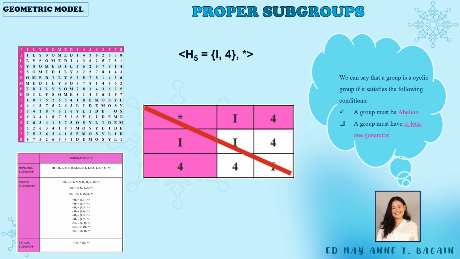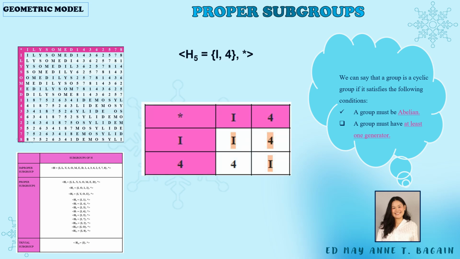H sub 5 has elements I and 4 under the operation star. We have the table here to explore if this proper subgroup satisfies all the conditions to be a cyclic subgroup. This shows that H sub 5 is abelian. As we can see, it's already checked because the elements are all the same on the diagonal line. It is symmetrical through the diagonal line. So we know that the first condition has been satisfied. Let us now check if it has at least one generator.